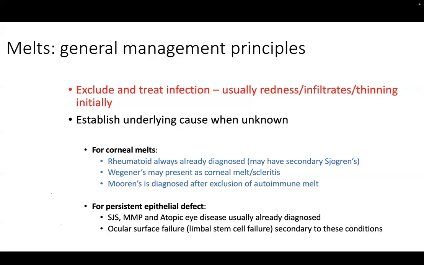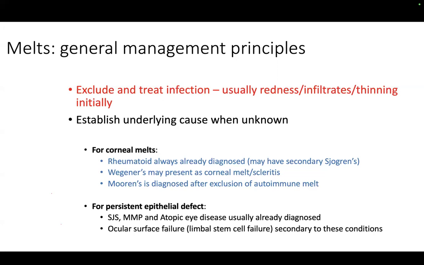And then there are various other autoimmune conditions. I don't want to go into those in too much detail. The main thing is probably to recognize that rheumatoid arthritis is a big cause of those that are out there. And then there are these rarer causes of autoimmune conditions that affect various mucosa. Mooren's is quite rare, and it's largely a diagnosis of exclusion.